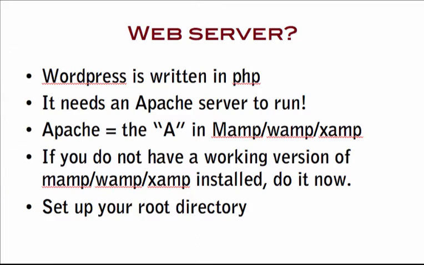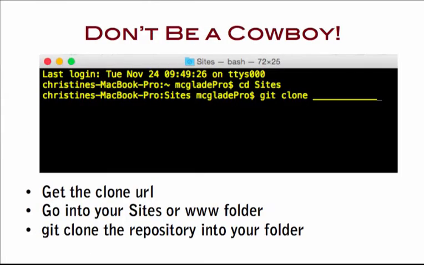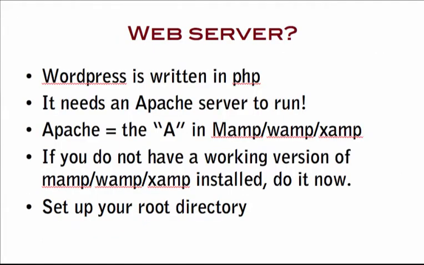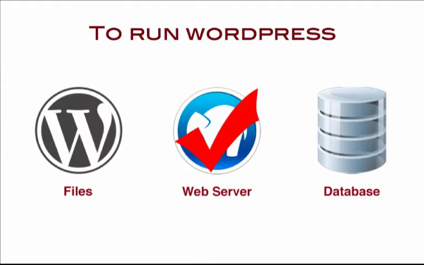So that's where you actually need to git clone into when you do your git clone. I'll just go back to that screen. So when you go to do your git clone, you need to navigate into your root directory. As you can see here, I navigated into my sites directory. So once you've done all of that, that means that you have the Apache server.